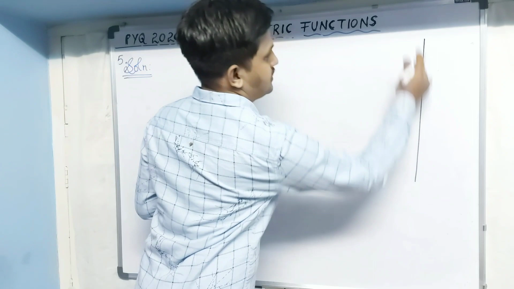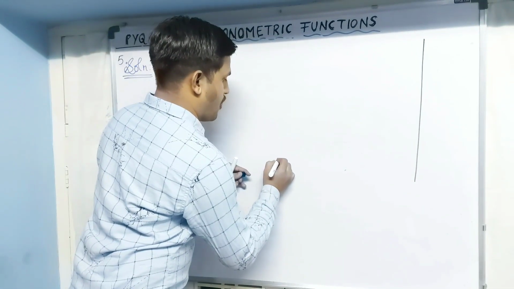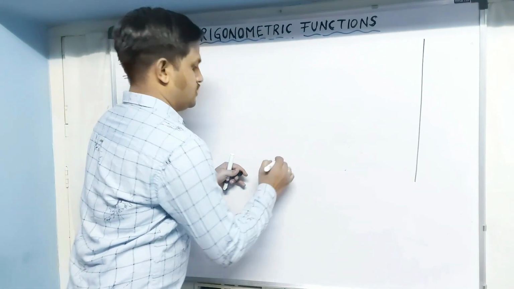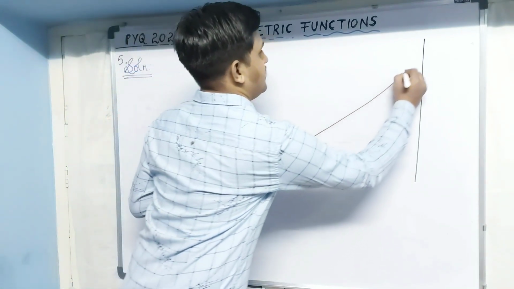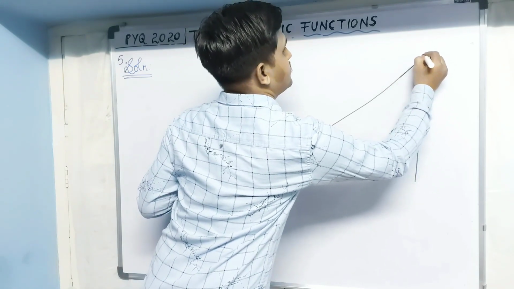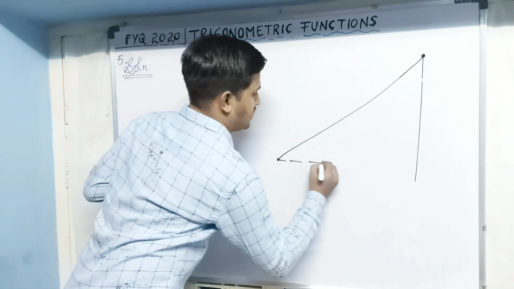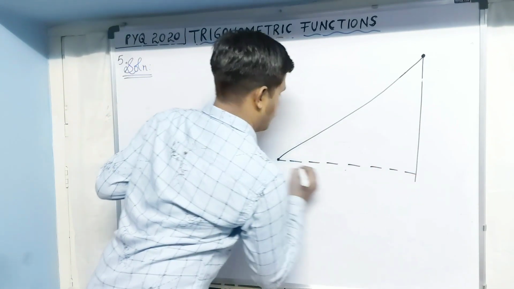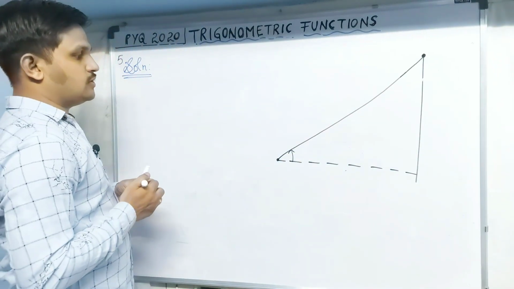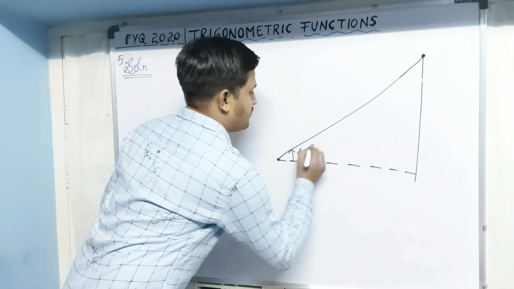The top of a hill, whose height you have to find. The angle of elevation from a point on the horizontal plane towards the foot is given as 45 degrees, with respect to the horizontal plane. So let us write it as 45 degrees. Later on I will rub it.